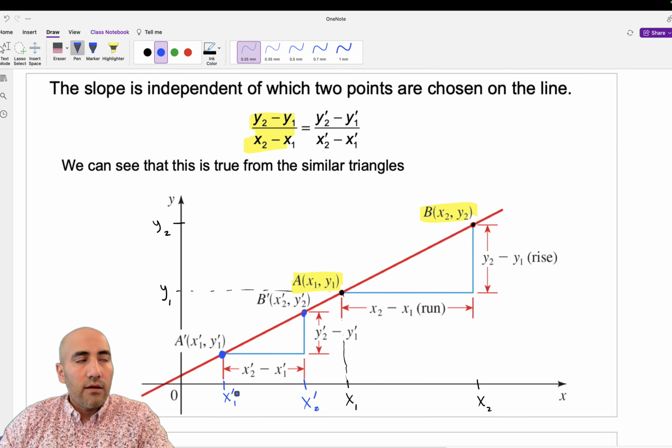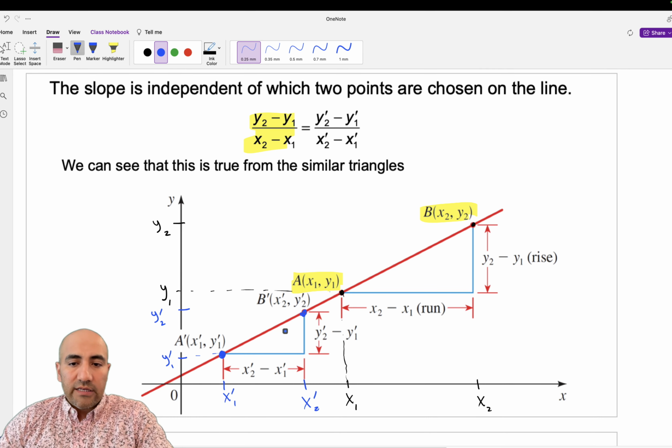X sub 1 prime is different from x sub 1. And then we trace this way, and we end up with a y sub 1 prime from here. And then from here, we trace this way, and we end up with a y sub 2 prime, leading to that point. So we can clearly tell that this triangle is not the same as this triangle.